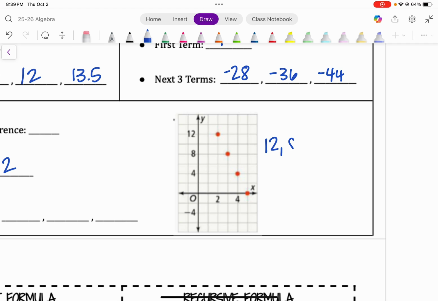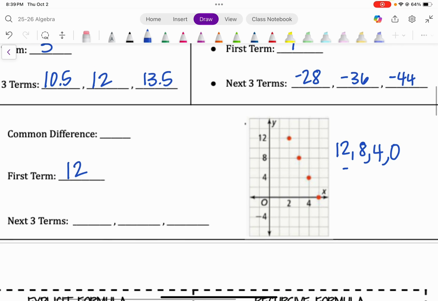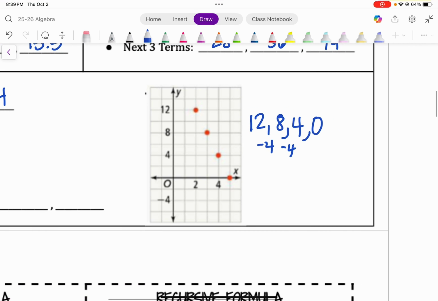So 12, then 8. Then 4, then 0. So to go from one to the next, each time we're subtracting 4. And the next 3 terms would be -4, then -8, then -12.